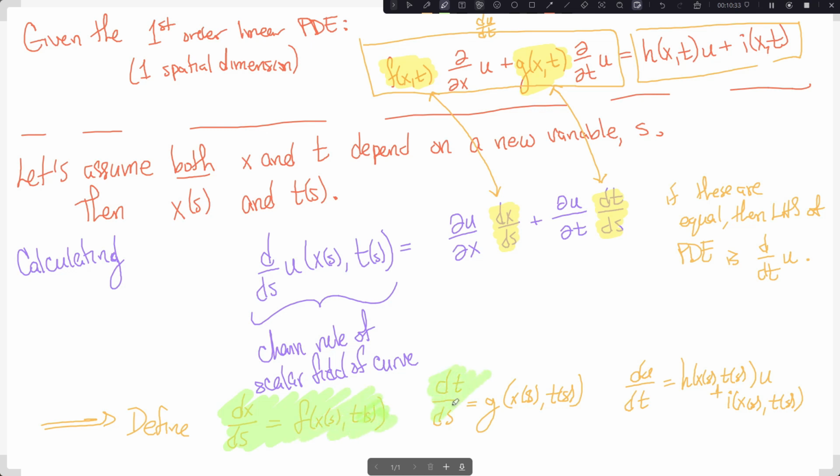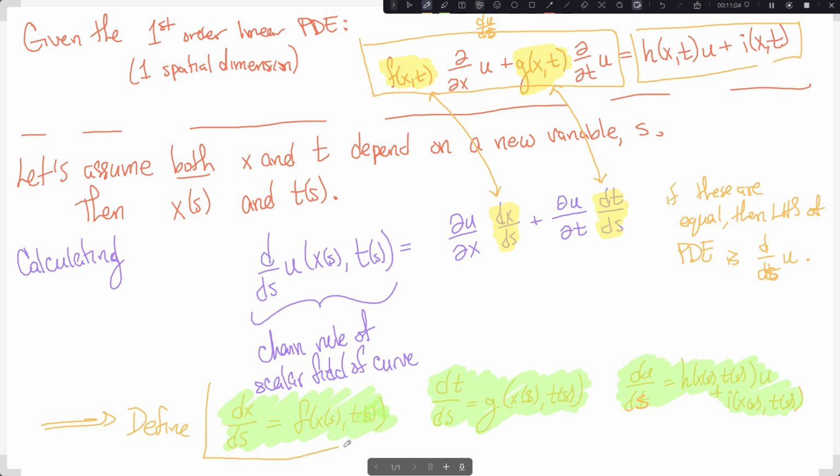These are actually all ODEs, right? That's why I'm using the true derivative in s. This is my mistake, actually. This is dx/ds there, dt/ds there, du/ds up here. So all 3 ordinary differential equations have shown up out of originally a partial differential equation.